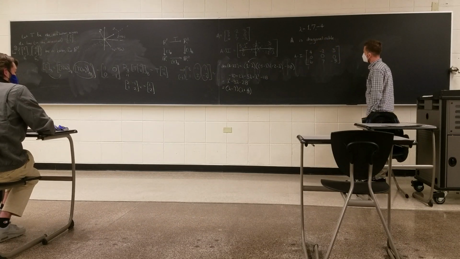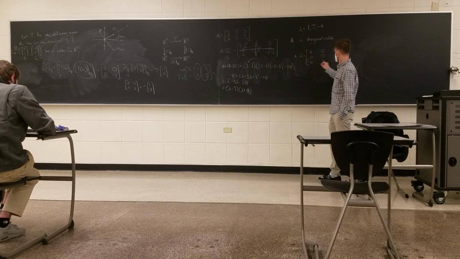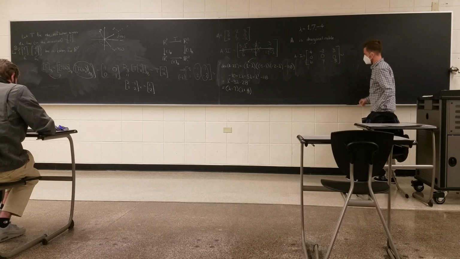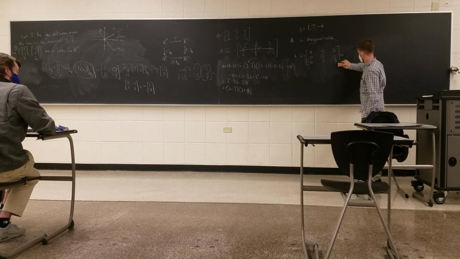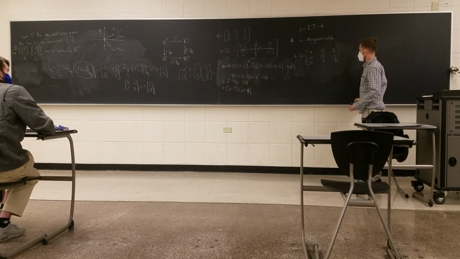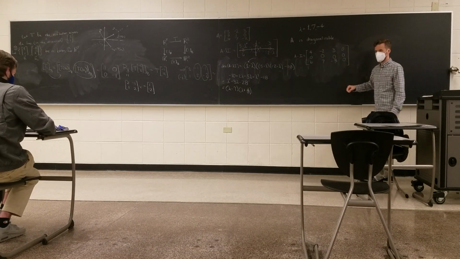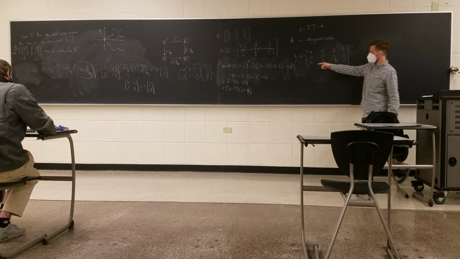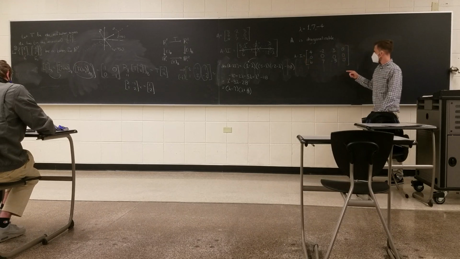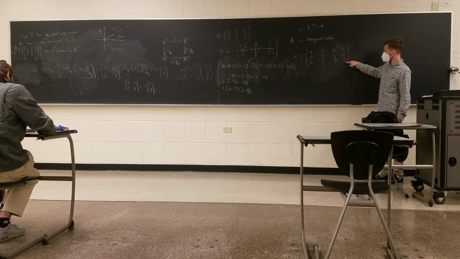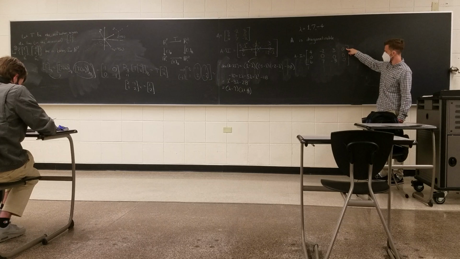Okay, so what do I want to do? I want to start doing row operations. Now, if I were solving this like an ordinary system of equations, I would do the augmented matrix like this. But we're trying to find the null space of A minus I, and we would tack on the solution vector.